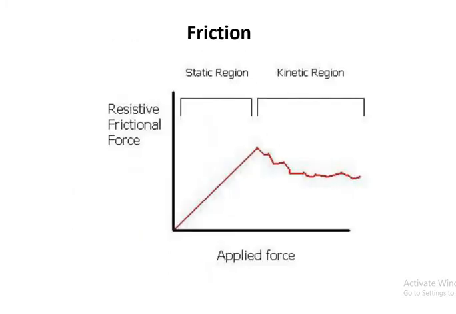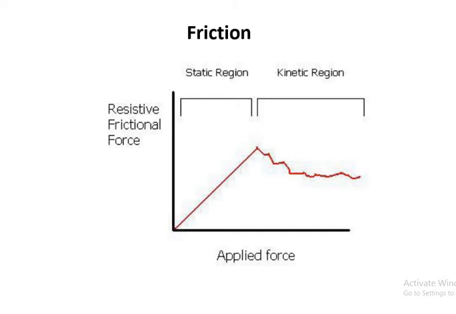Now if you study the applied force in the static and the kinetic region, static region means the force of friction acting when the body is at rest. From the diagram, when the force is applied, the resistive frictional force in the y direction is proportional to the applied force. That means up to the ending point of the static region, the applied force is directly proportional to the resistive frictional force.